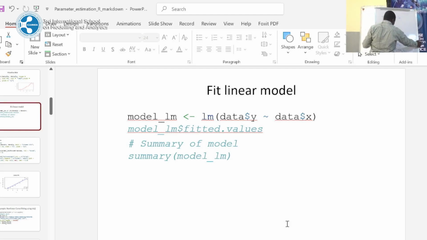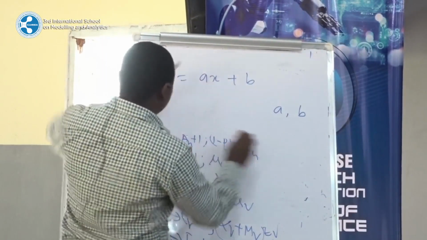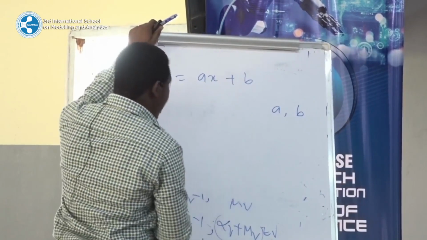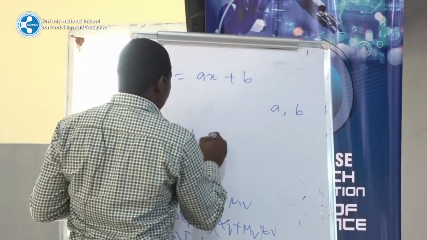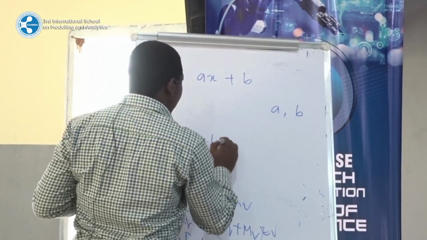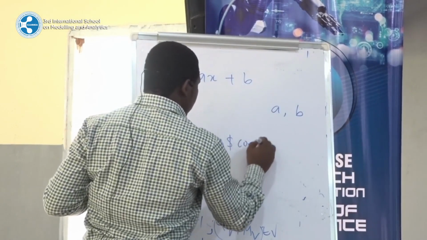Can we be together, please? The coefficients there are what? A and B. So in order to know what A and B are, type model underscore LM, right? Dollar sign what? Coefficients.